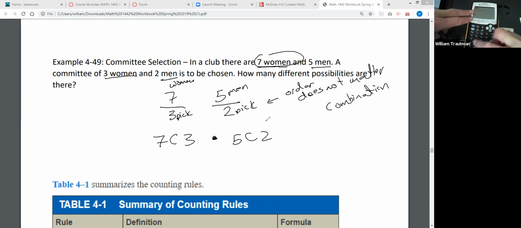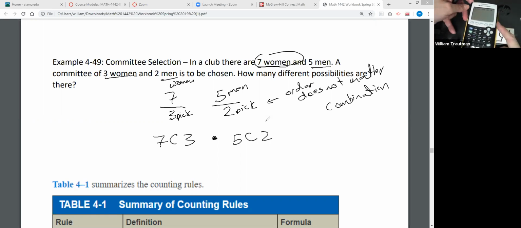I'm going to hit second, math, 7, math, probability, combination, 3, times 5, math, combination, 2.